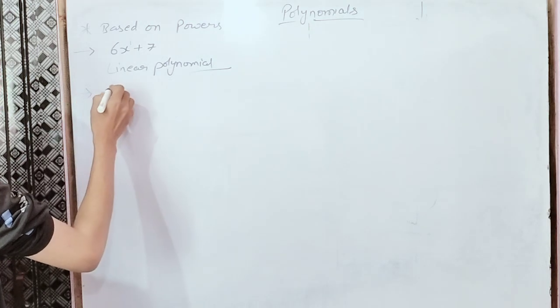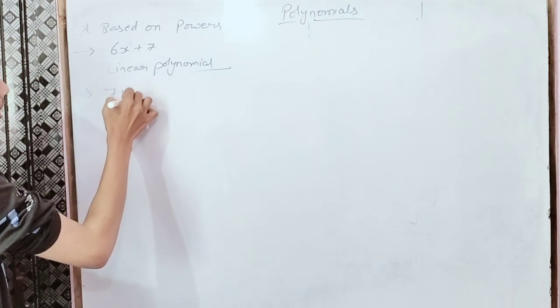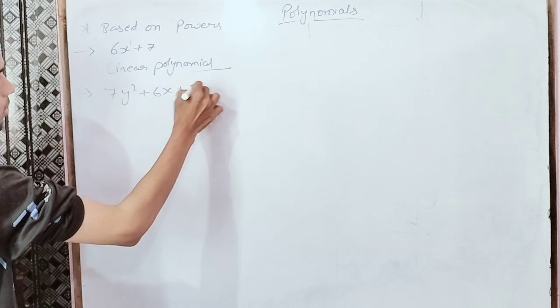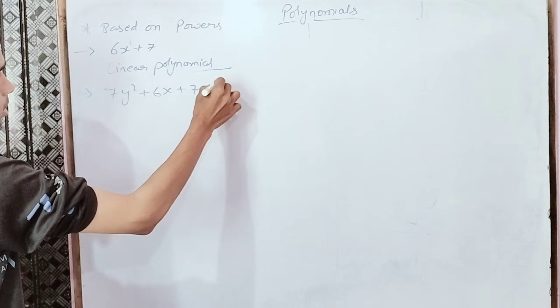Now next is 7y square plus 6x plus 7 plus 100.